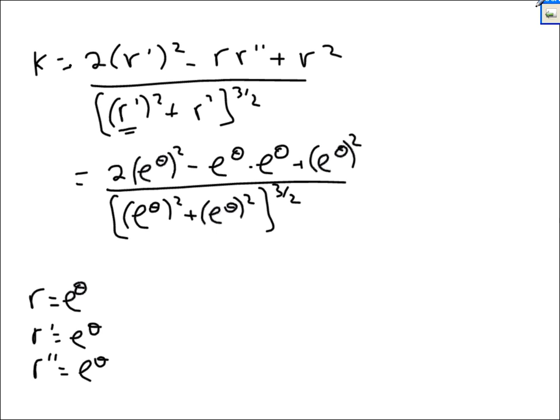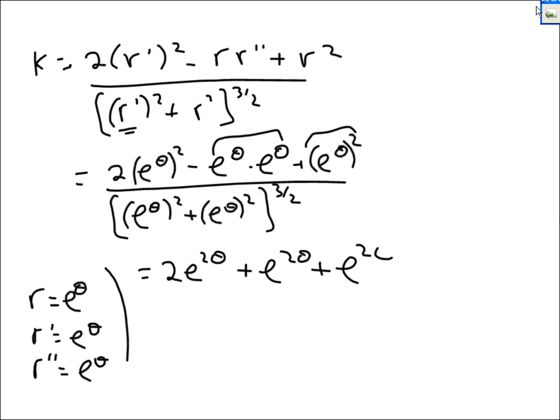E to the theta squared is e to the 2 theta. So we get 2e to the 2 theta minus this, which is e to the 2 theta, plus this, which is e to the 2 theta. Don't ask me why I put a plus there, that's a typo. In the bottom, we have e to the 2 theta plus e to the 2 theta again, so we have 2 of them raised to the 3/2 power.